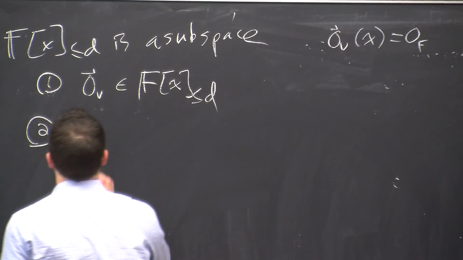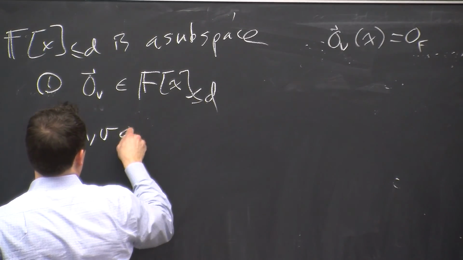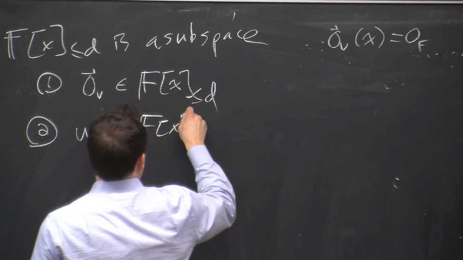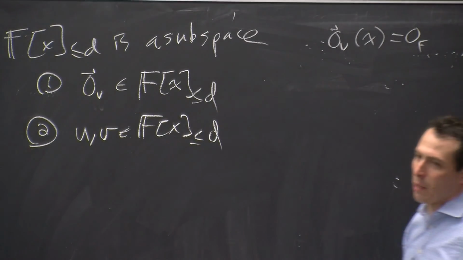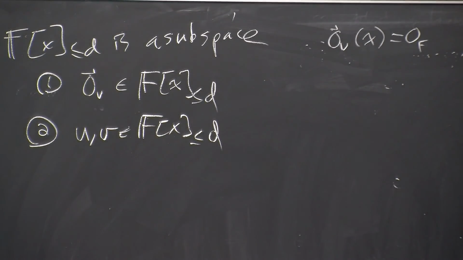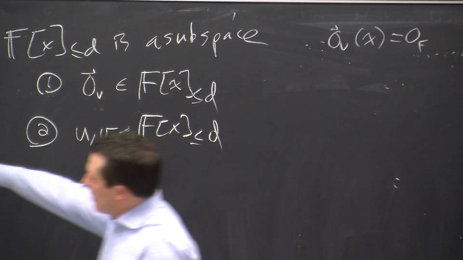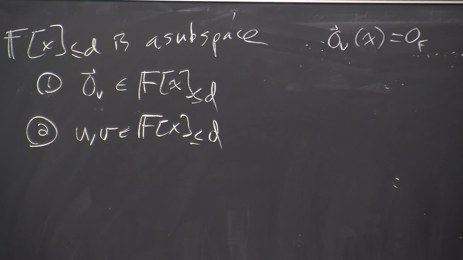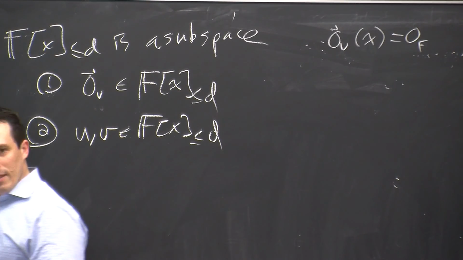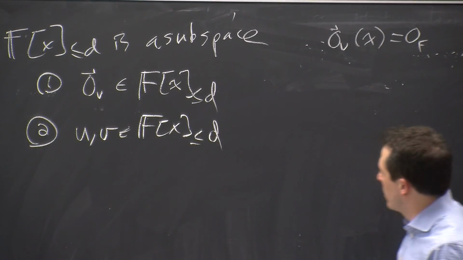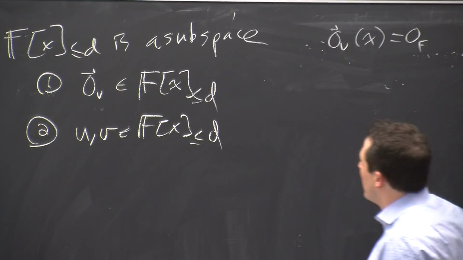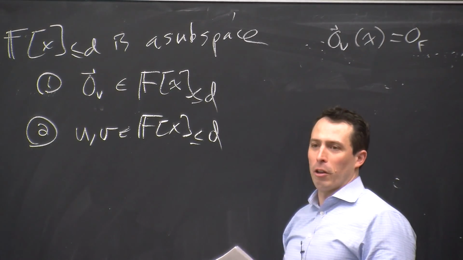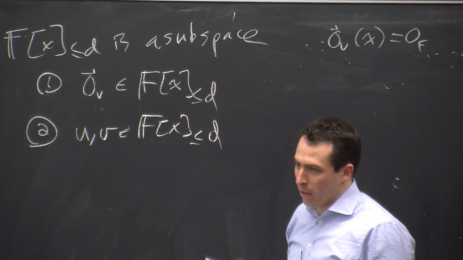Now we have to check additive closure. So if u and v are in this space, that means u and v are polynomials, and they have degree at most d. They can be written out this way, and I don't have to write any more than d plus 1 coefficients. The highest power of x that appears with a non-zero coefficient is x to the d. If I add 2 such polynomials, I get a new polynomial.